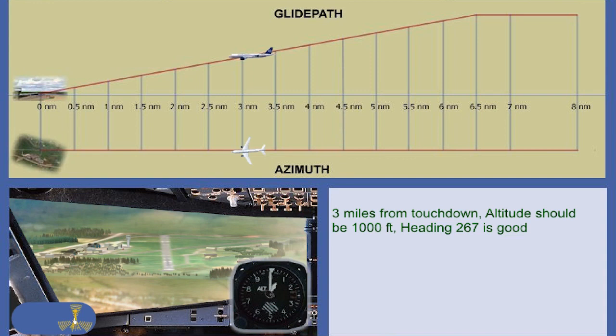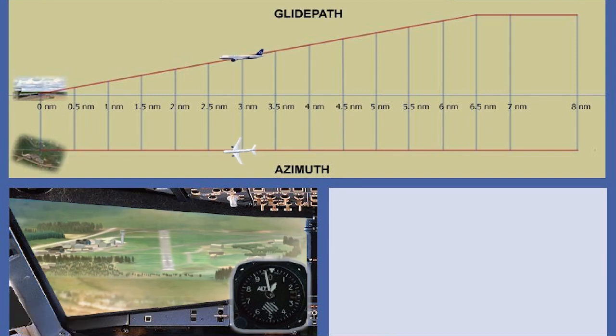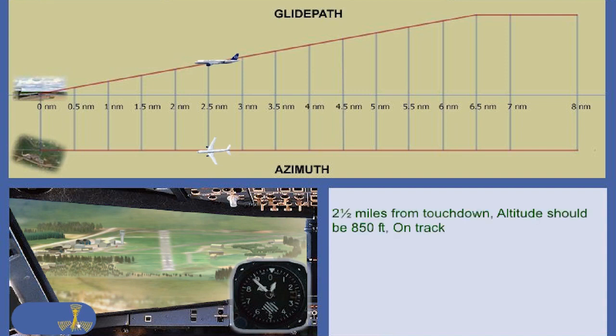Heading 267 is good. Two and a half miles from touchdown, altitude should be 850 feet. On track.